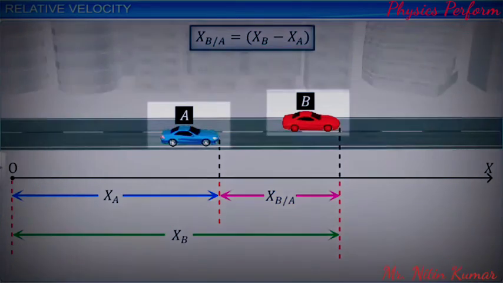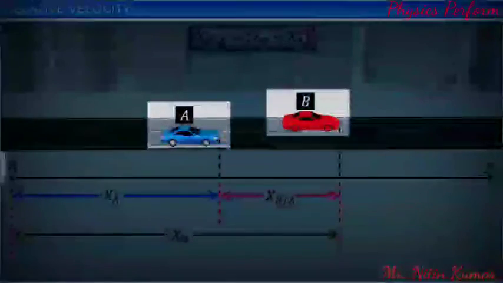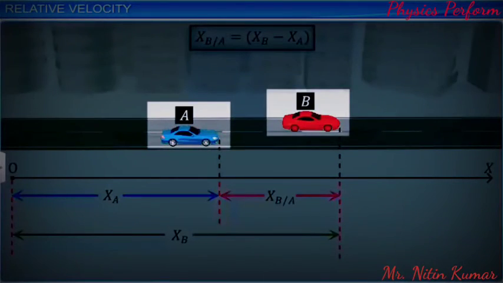When both A and B are moving, we take the distance at a particular instant.